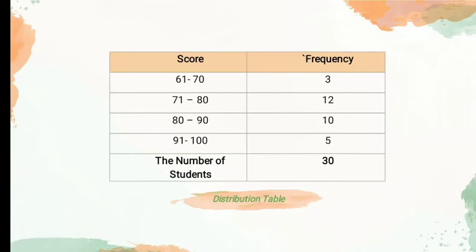For example, the frequency in the interval 61 to 70 is 3 people, meaning that there are 3 students who score between 61 and 70 on the daily mathematics test, and so on.